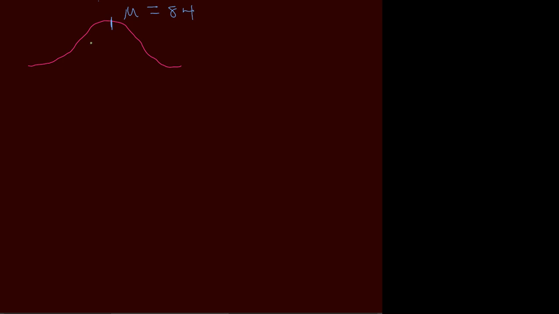And then the values we're looking for, I'll accent them a little bit heavily, are both below the mean. We're looking for between the values of 74 and 77. So they're less than the mean. Now the probability is the area under the normal curve in between these two values.